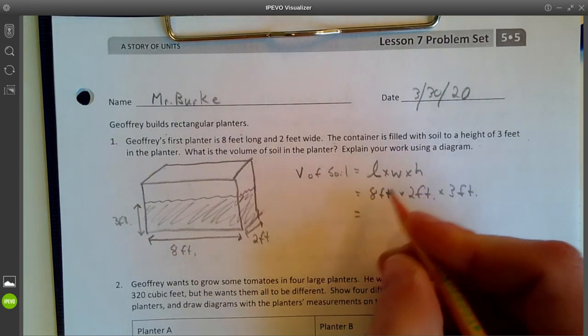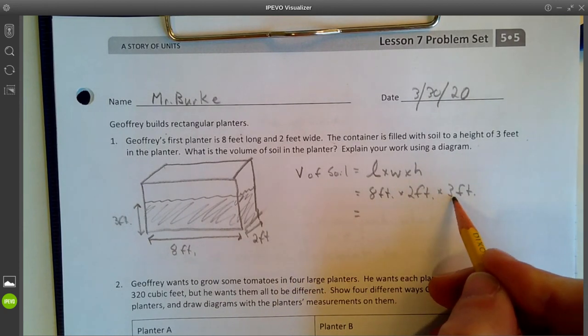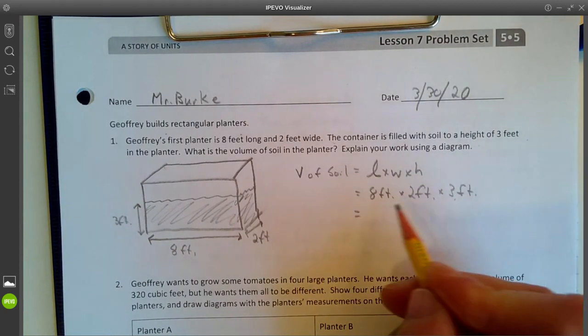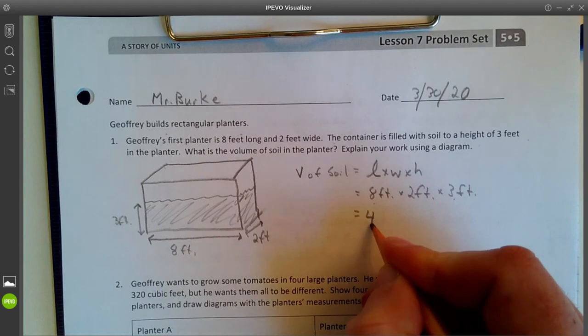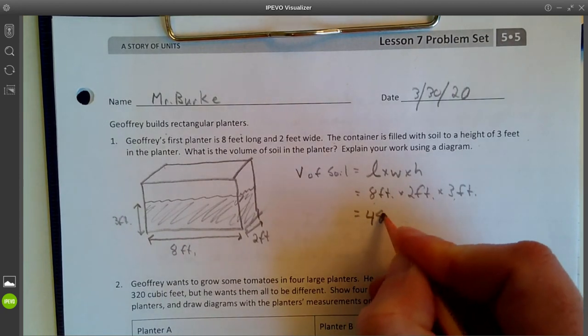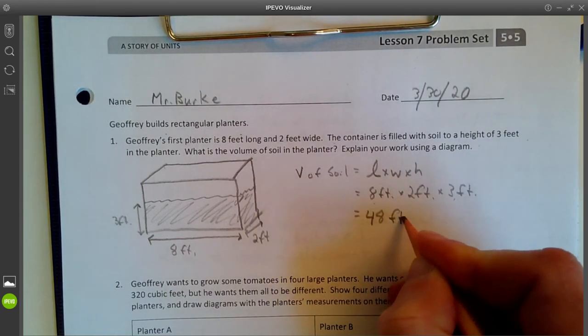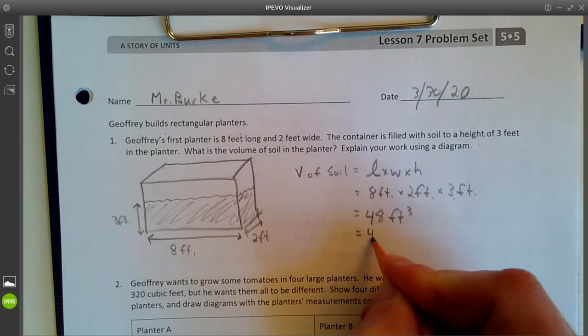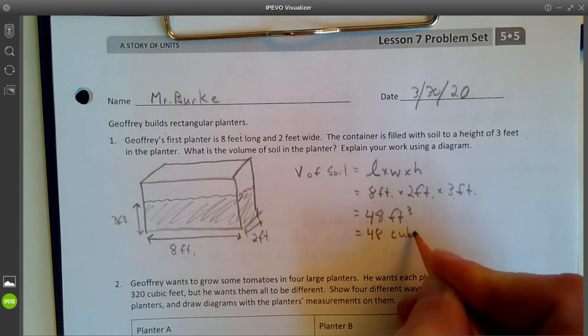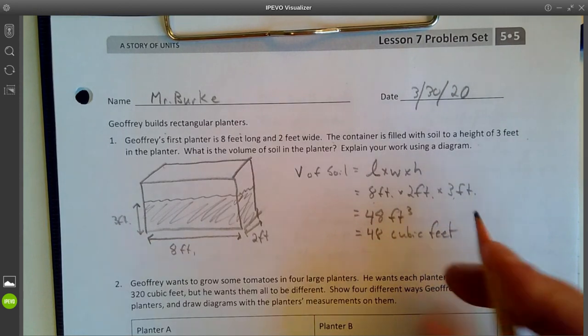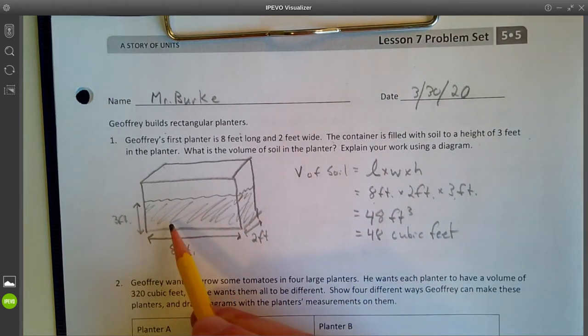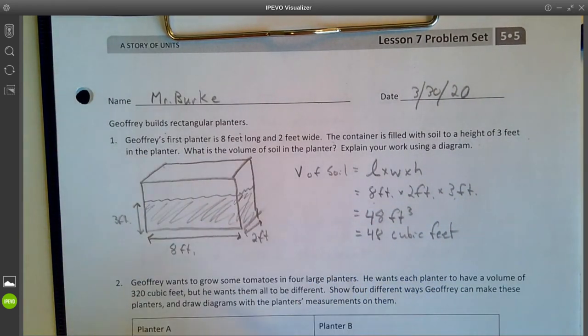So let's do 2 times 3 is 6, times 8 is 48. So it's 48 cubic feet. 48 cubic feet. So that's how much soil goes in the planter that Jeffrey built.